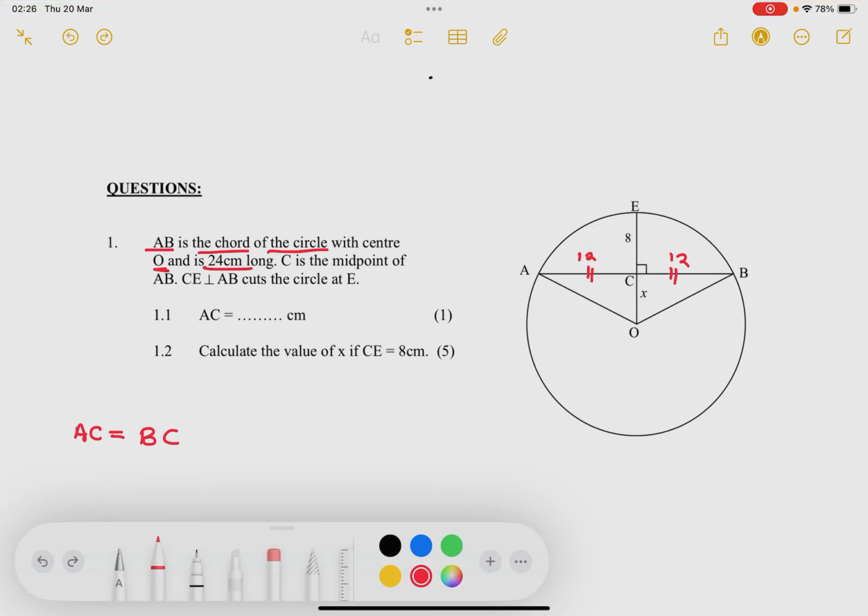Do you get it? Euclidean geometry is not hard. Once you understand your theorem, you use the knowledge that you have learned from your theorem to interpret the diagrams that you are given, right?